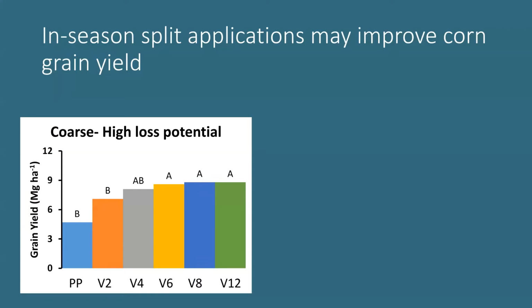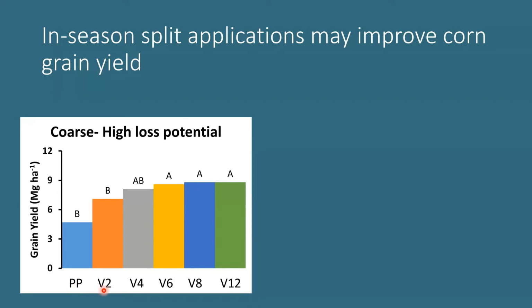Now, as part of my master's research, we looked at how the timing of urea application impacts corn grain yield. We had some field sites at Becker, which is a Hubbard loamy sand. We applied nitrogen fertilizer as urea all at pre-plant at 120 pounds per acre.